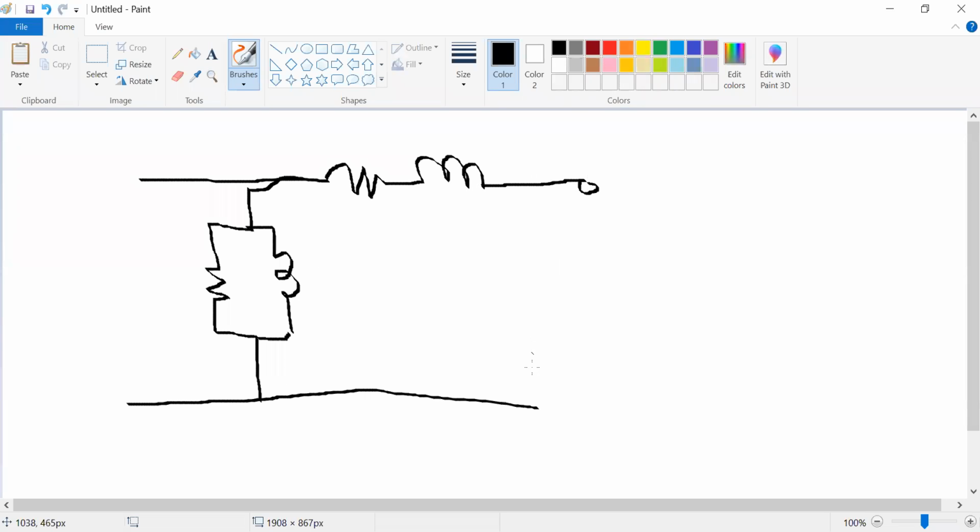So this is the equivalent circuit of the transformer. This is R equivalent, and this is X equivalent of the transformer. Suppose this equivalent circuit is referred to the secondary.